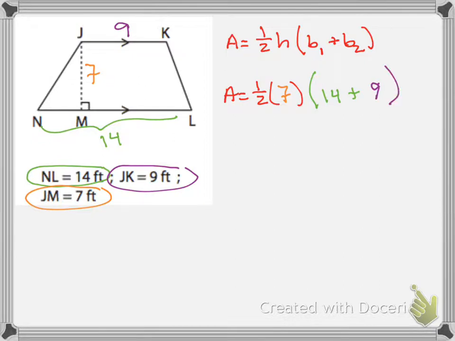And now we just follow PEMDAS to go through this. So we have 14 plus 9 is 23 times 7 and times 1/2. And 7 times 23 is 161. So we have 1/2 of 161.